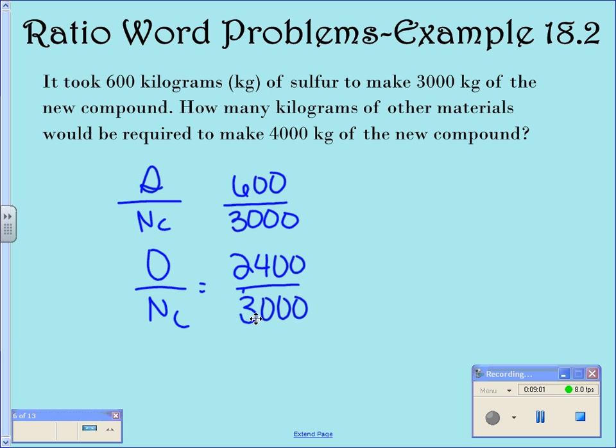So I'm going to use this one. Y'all say it'll reduce. What would it reduce to? What did you say? Is that what you said? Okay. 24 over 30? Does that make sense? Okay. So how many kilograms of other material would be required to make 4,000 kilograms of the new compound?